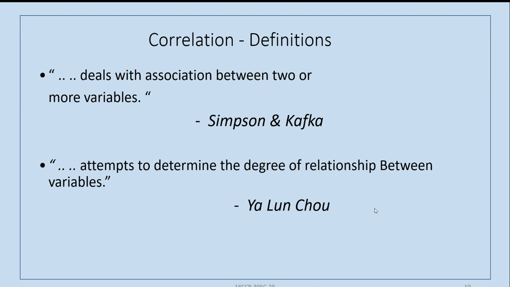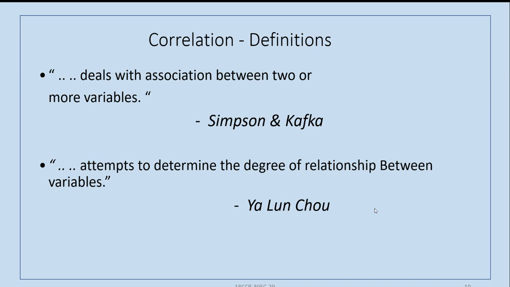Association means relation between. Association means there is some relation between two or more variables. So if there are two things or more than two things, and if there is any relation between them, then correlation deals with that association. That is the meaning of this definition.